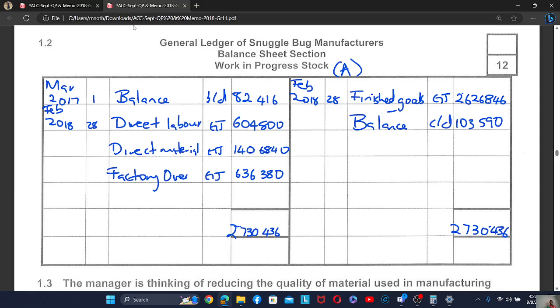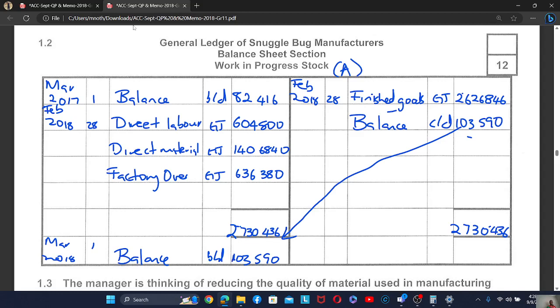So at the beginning of the next financial year, on 1 March 2018, the opening balance of the semi-finished goods is going to be 103,590, because it was not used in that year. Yes. Okay.